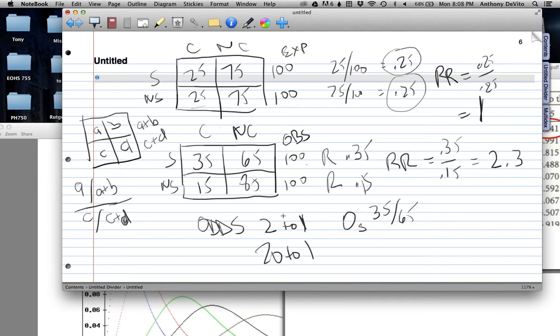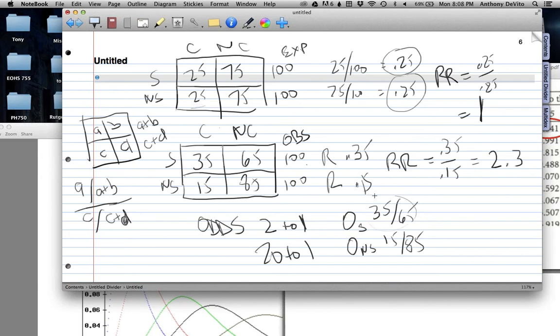Number of times you would lose the race to the number of times you would win the race, right? A little bit different, a little less intuitive, right? But what are the odds for non-smokers of having a cough? 15 over, help me out here. 15 over what? 85, right? 15 over 85, right?